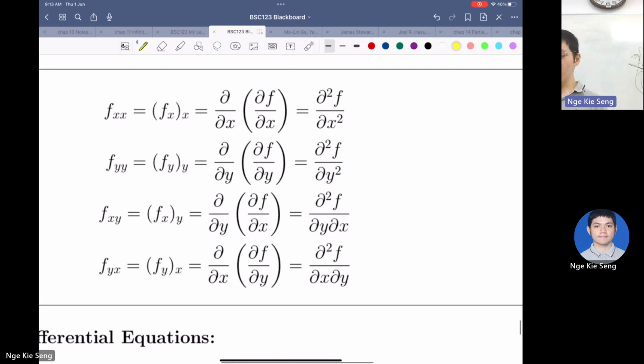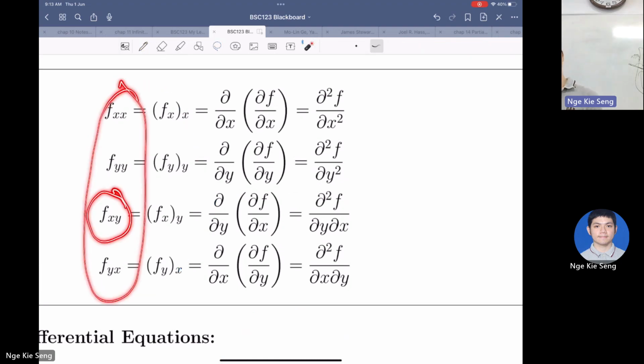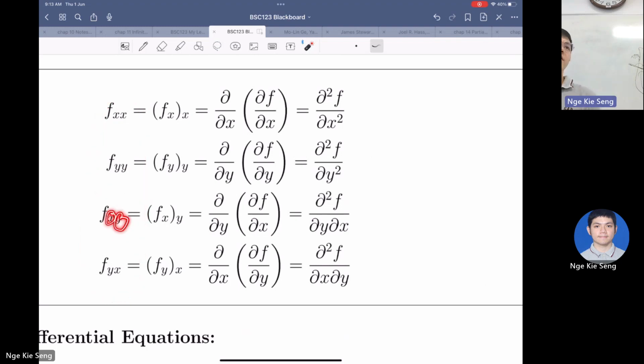Be careful with this notation here. When I write fxy, do I mean differentiate x first or y first? This is a convention. I put the one that I differentiate first inside. So if I write fxy, the one closer to f is differentiated first: I differentiate with respect to x first, and then with respect to y.